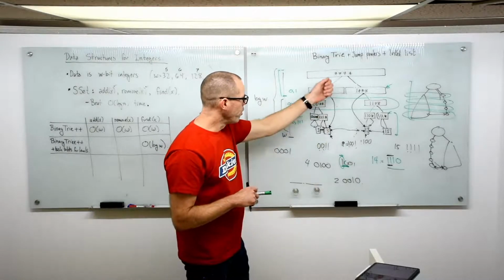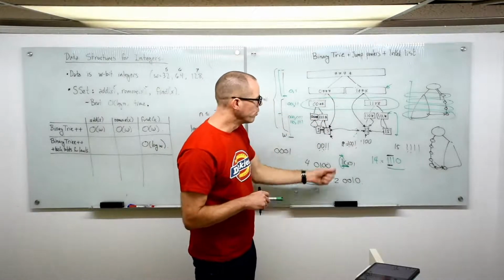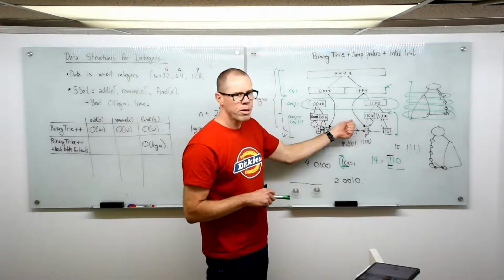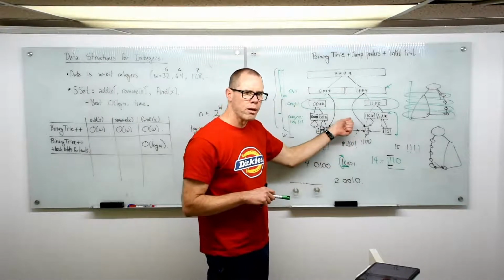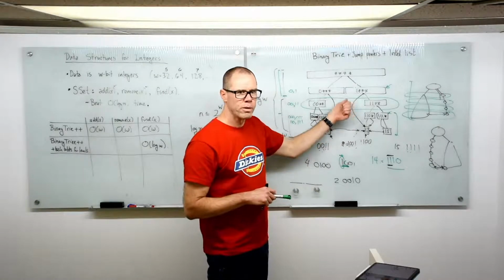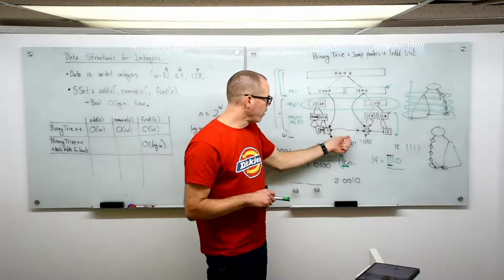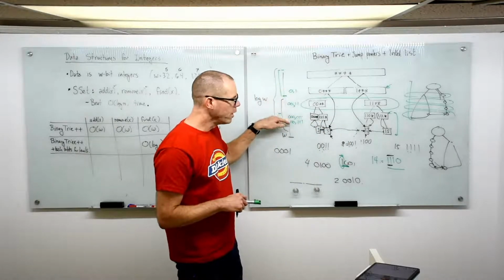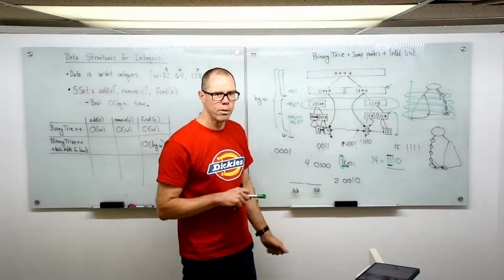And similarly, when I remove something, remember when you remove something that takes away a leaf, and then maybe its parent has no more children, so you need to take it away, and then maybe its parent has no more children, so you need to take it away. Well, those nodes at each of those levels were in those hash tables. You have to remove those labels from those hash tables.